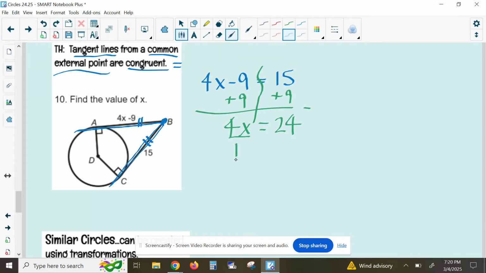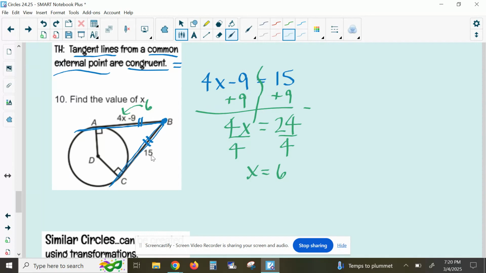Then I'm going to divide both sides by 4, and I'm going to get x is equal to 6. I could double check that in this problem. If I plug a 6 in right here, that's a 4 times a 6, that's a 24. Take away 9 does give me 15, so that's good.